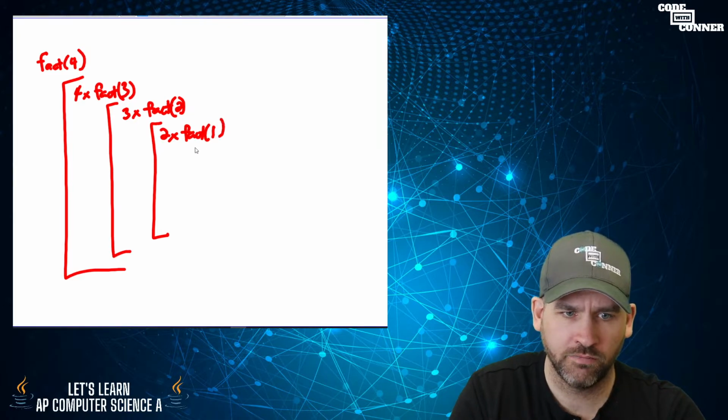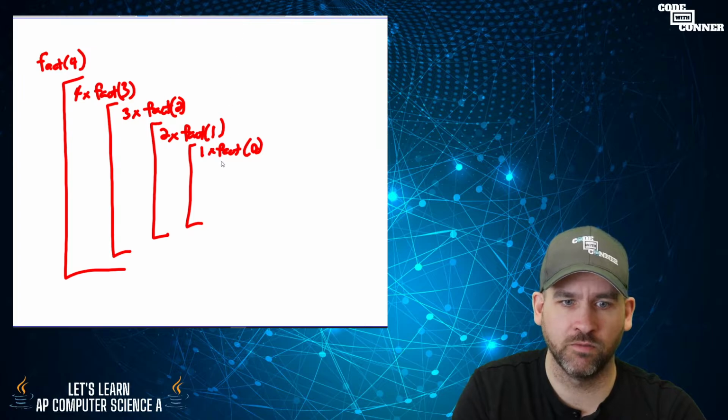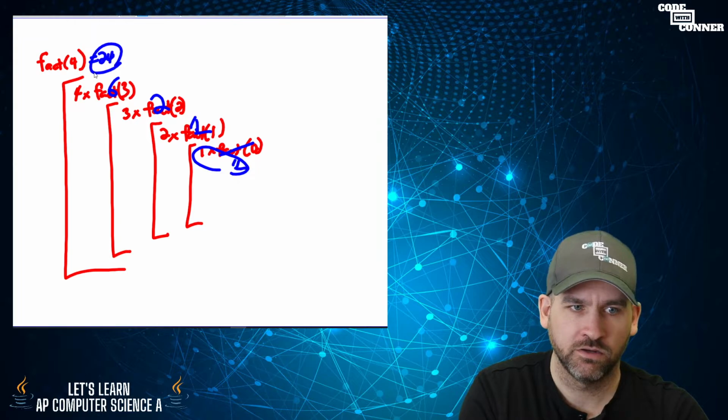Fact 1 runs its code and does 1 times fact 0. Fact 0 returns 1. Then this returns 1. This returns 2, which returns 6, which returns 24.